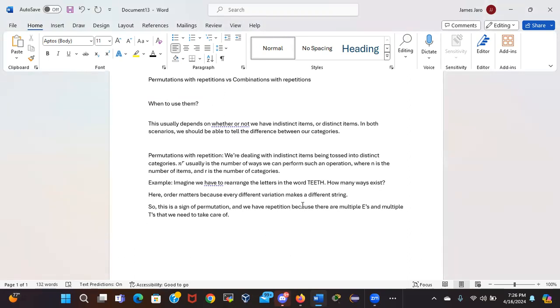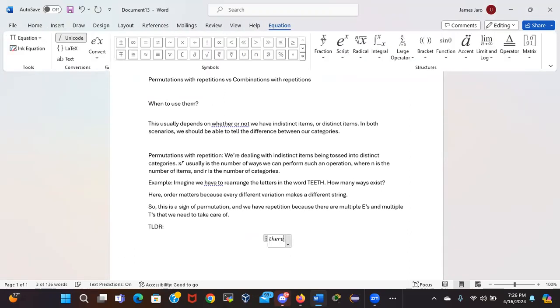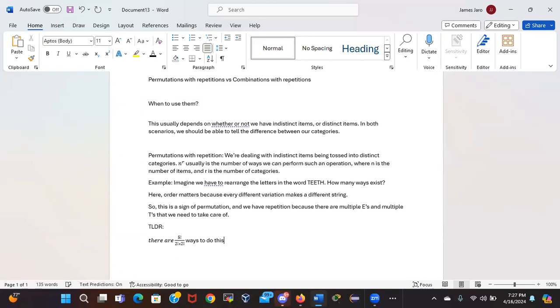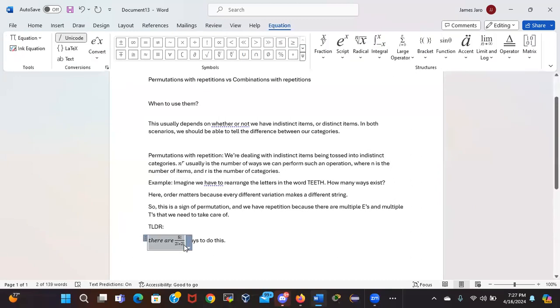And so I think off the top of my head, there are 5 factorial divided by 2 factorial times 2 factorial ways to do this. Something along those lines, I'll have to double check it though. But this is when we are talking about permutations with repetitions. It's not 3 factorial times 2 factorial.